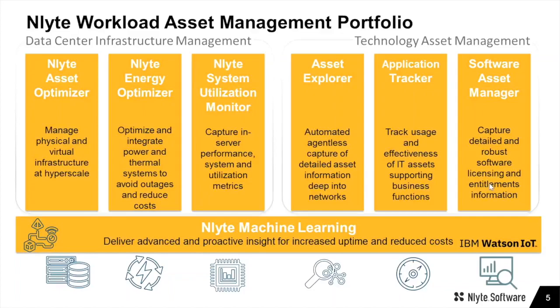So we have holistically applied machine learning across the entire stack, from critical infrastructure all the way up to the software asset management. So these are, from our experience and best practices, the key functional areas to properly implement workload asset management.